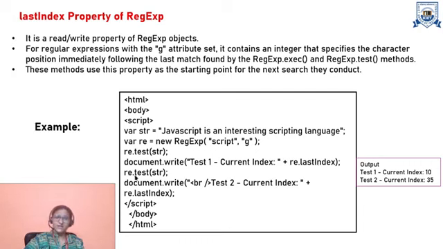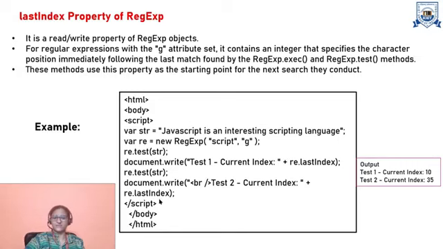Now again we pass re.test(str), for the second time, test 2, and here we will find the current index with the help of the statement re.lastIndex.